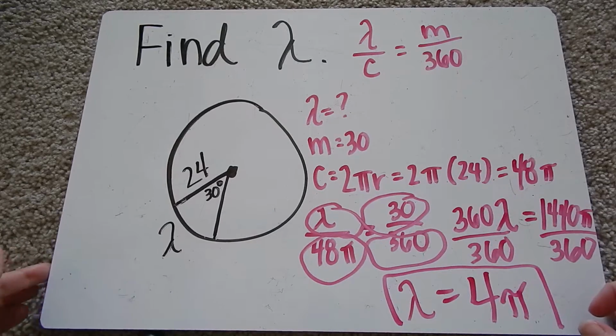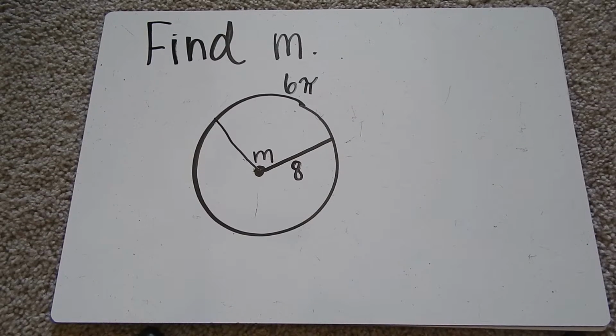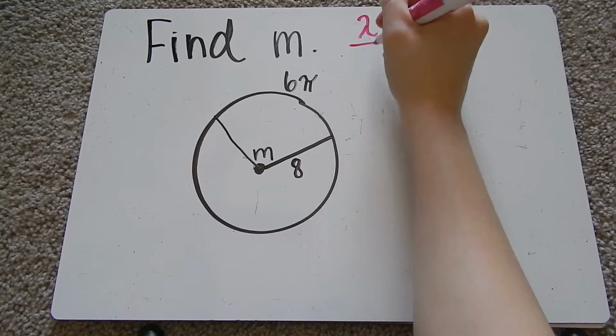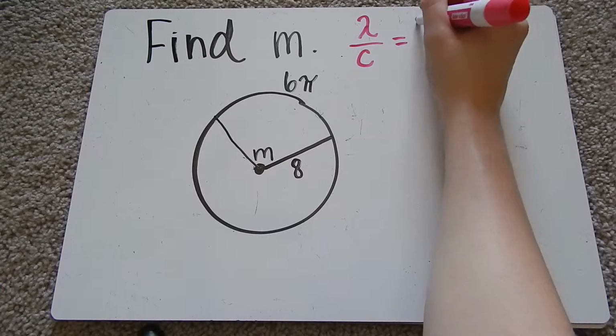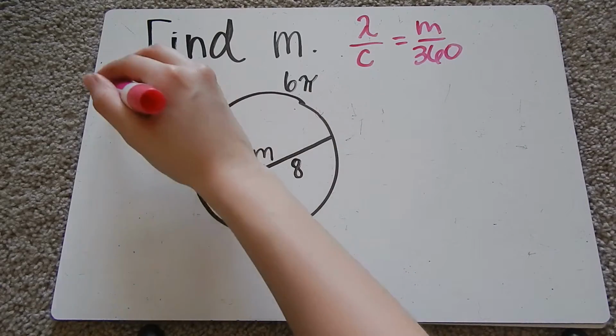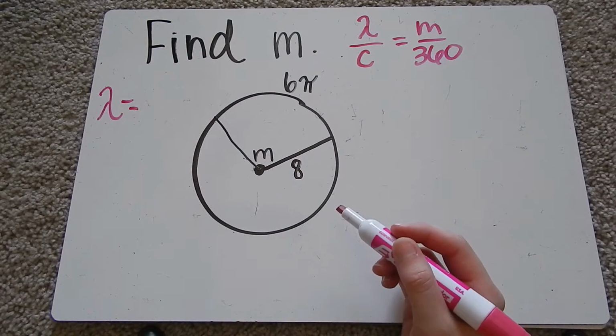Okay, moving on to our next example. In this example, it says find m. So again, I'm going to write my formula. It's lambda over circumference equals m over 360. And I can define my variables. So lambda is the arc length.